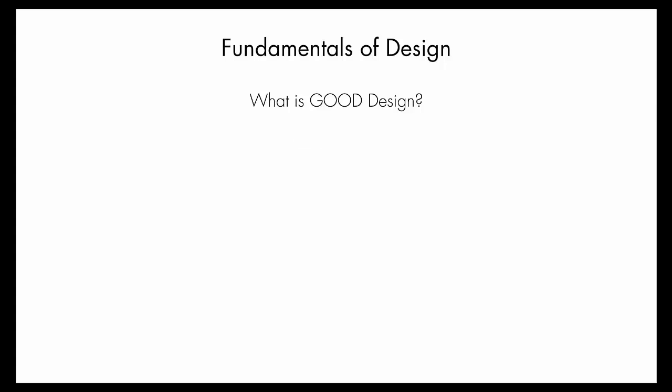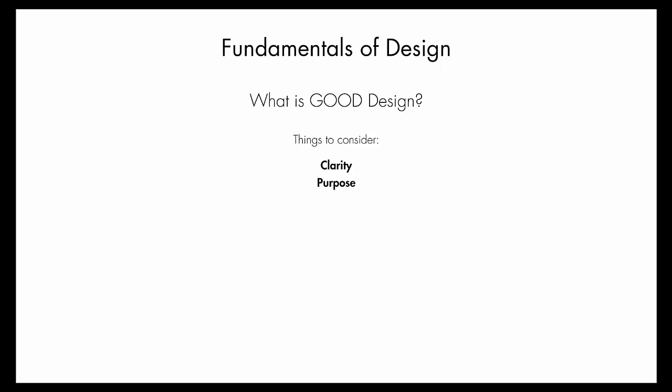So, some things to consider. Our two most important things when it comes to design is clarity and purpose. Is our design clear? Is it too vague? Do we not have a specific direction?